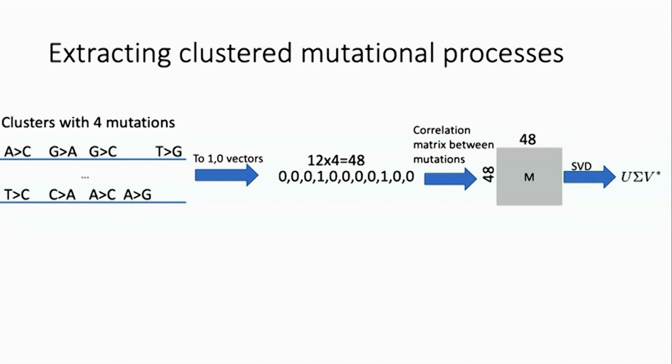Okay, so what we're actually doing with this data. First of all, my goal was to extract some structure within these millions of extracted clusters. So I decided to fix the number of mutations in the cluster and convert clusters to 0-1 vectors, where each mutation in each position is written in 0s and 1s.